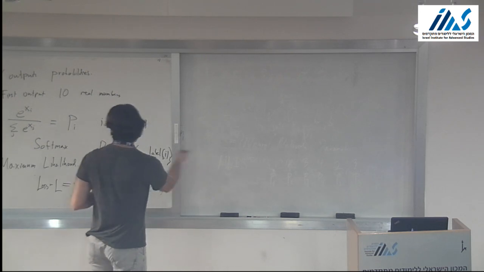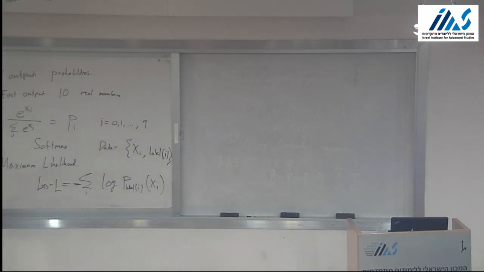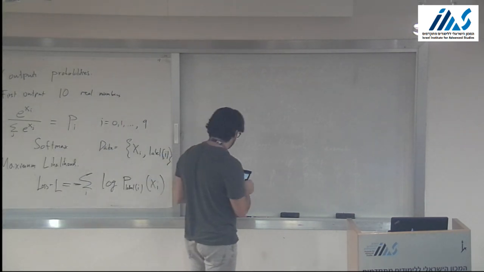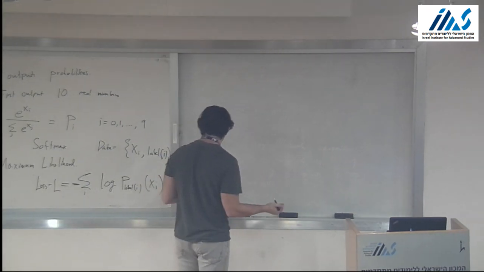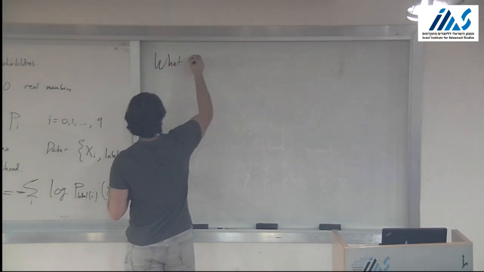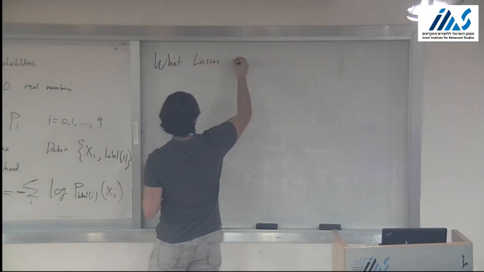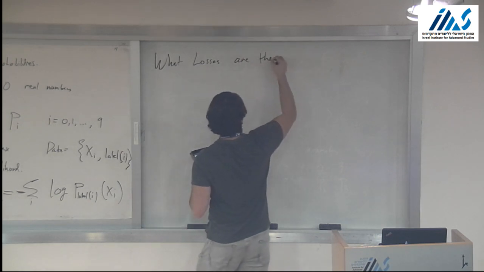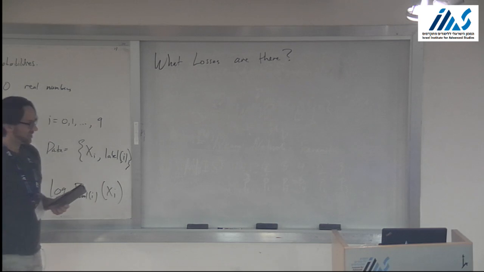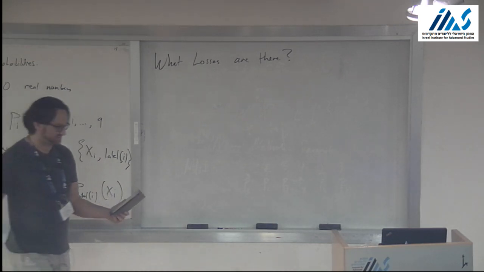So there are a few more comments I want to make about this, and then I'll move on to the last thing you need to know to really just get started doing machine learning. So what losses are there that we're interested in? We'd like to do a variety of different things with machine learning.